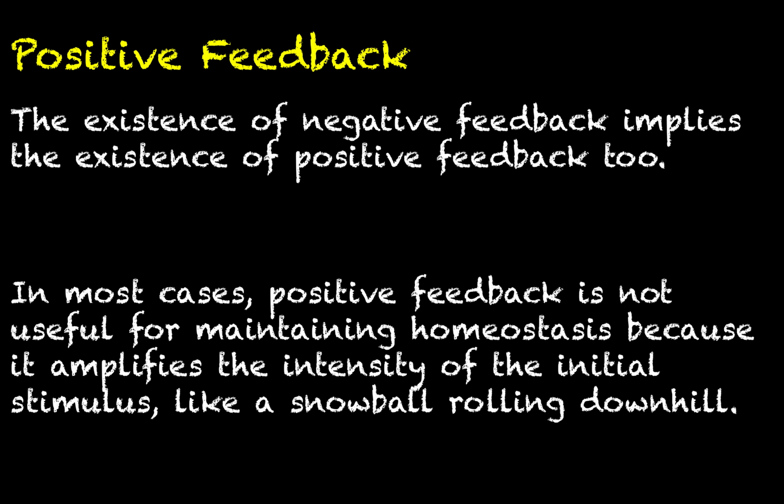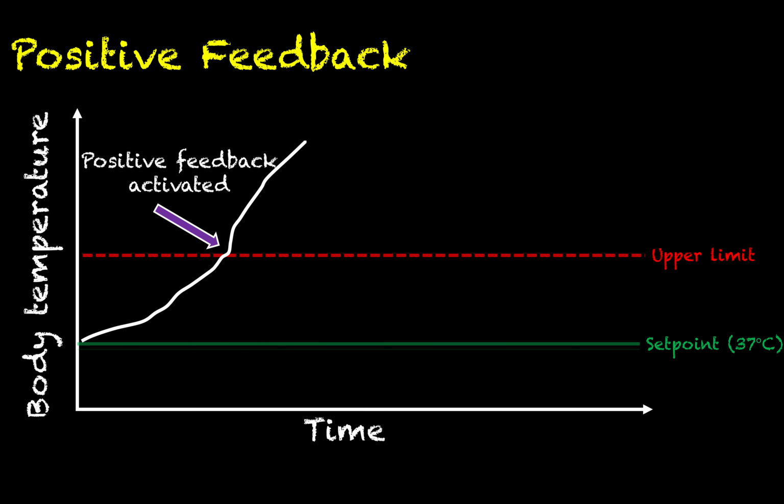Very much like a snowball rolling downhill that picks up more and more mass and gains more and more momentum. If we look at the same sort of graph that we looked at before, except for positive feedback, a positive feedback mechanism, as soon as you breach that upper limit, would actually accelerate the trajectory of that parameter to make it even more out of the normal range than it already was.